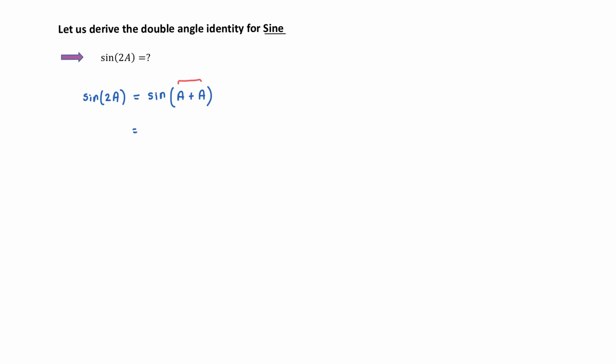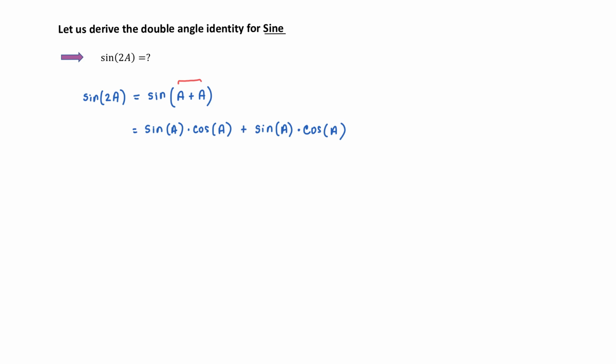So the identity goes like this: sine of A times the cosine of A plus sine A times cosine of A. If you notice, these two terms are identical. So because they are identical, I can simplify.